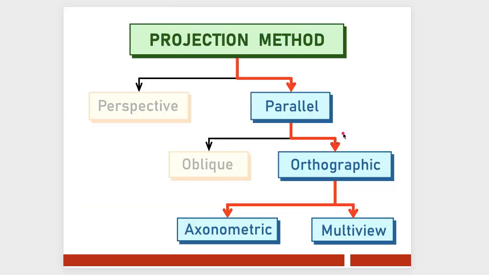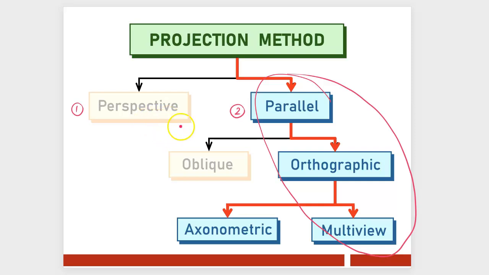Projection method, there are two types. The first one is perspective, and the second one is parallel. So we will learn about both, but for this class, we will focus mostly on parallel, orthographic, and multi-view. But you will have to know how to do this one as well, oblique and axonometric.